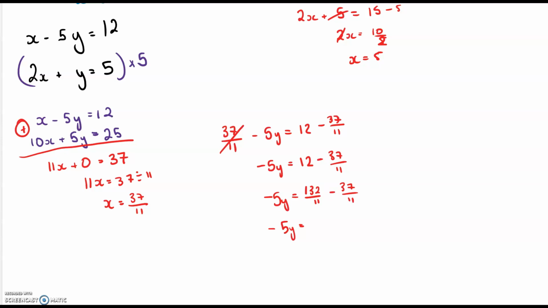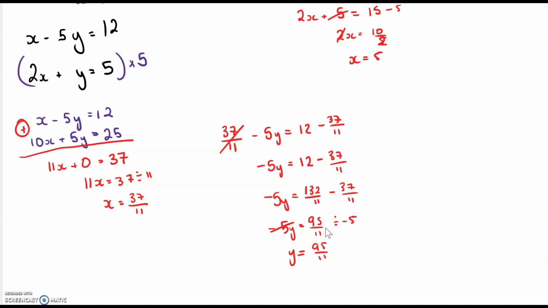And minus another 5, that would give me 95 over 11. The last thing I'm going to do is I'm going to divide through by minus 5. Okay, so I've got y equals 95 over 11 divided by negative 5.